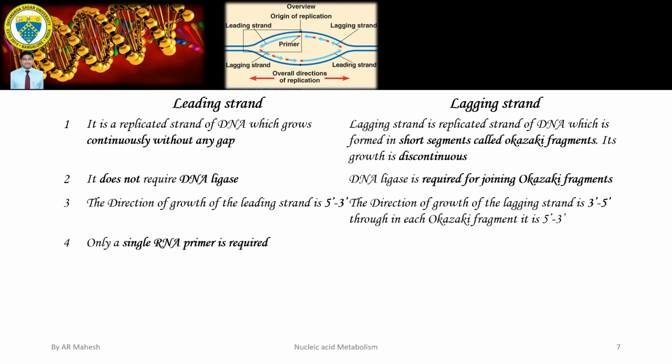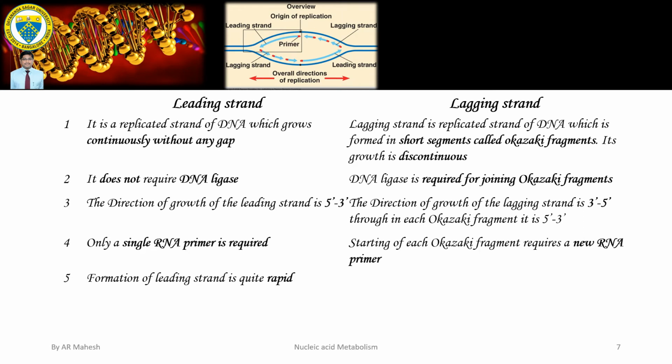In the leading strand only a single RNA primer is required, whereas in lagging strand each Okazaki fragment requires a new RNA primer. The formation of the leading strand is quite rapid, whereas the lagging strand formation is slower.